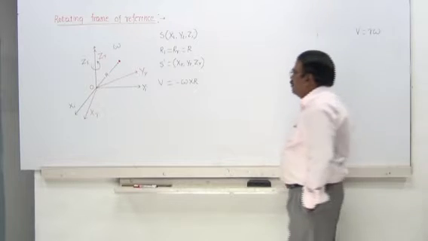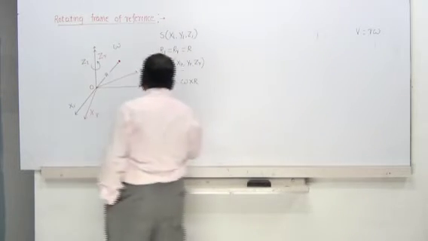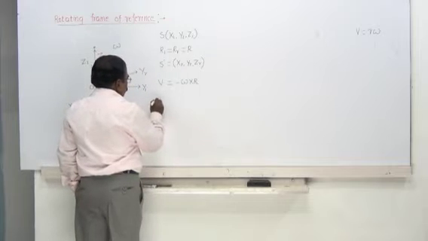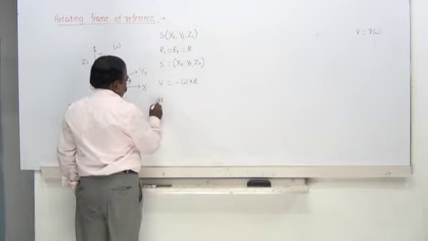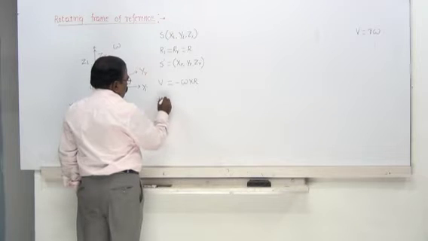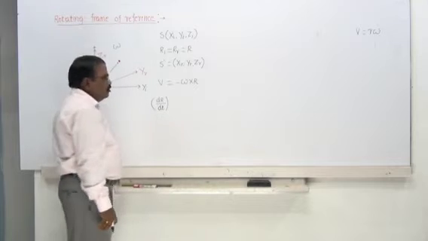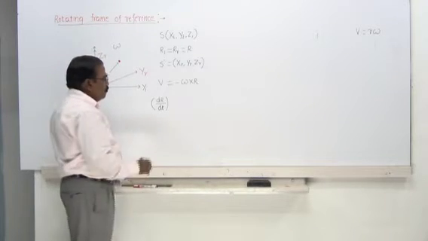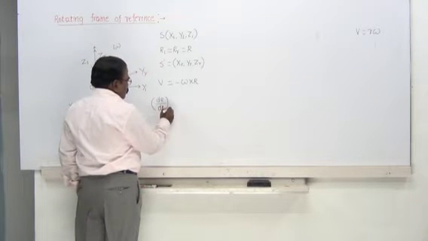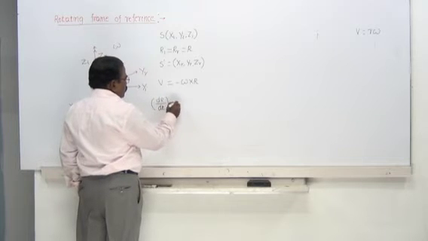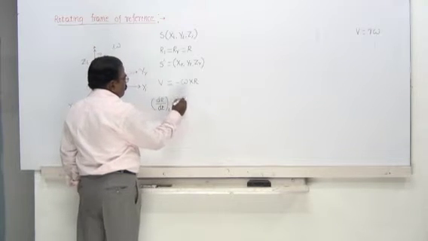Then dr upon dt, the rate of change of position, is velocity. It represents the linear velocity of the particle in the S frame.